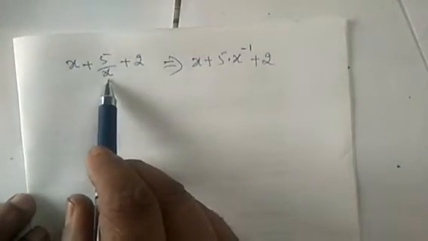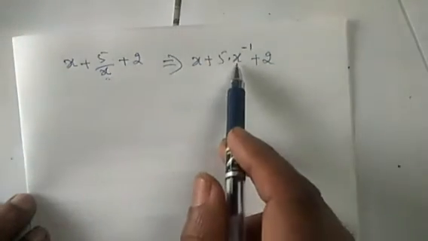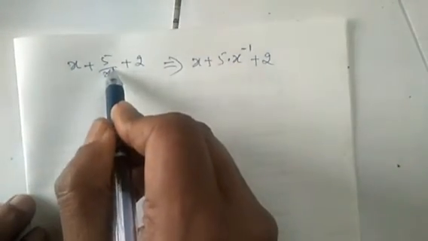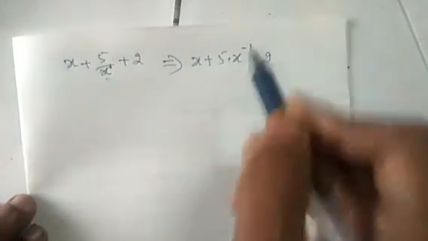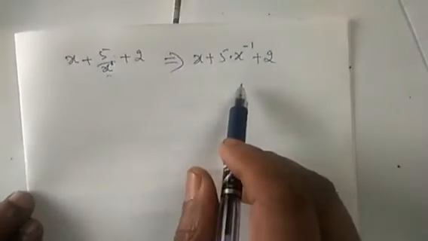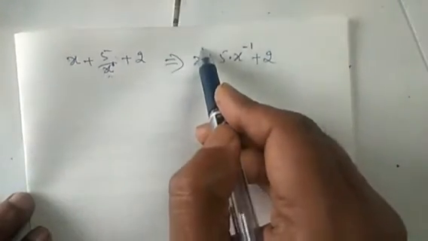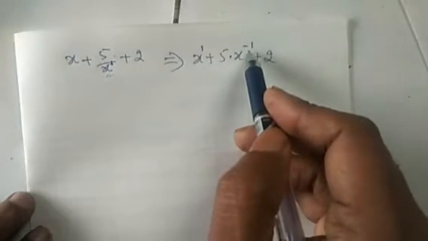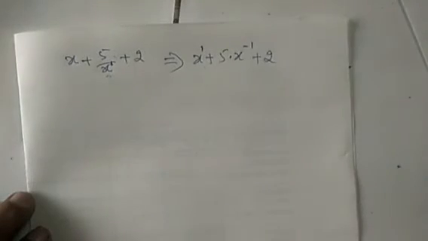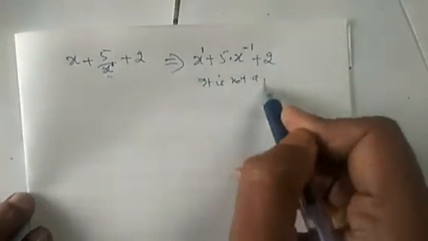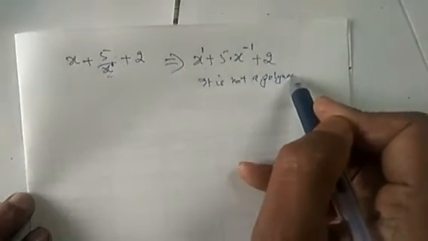X is in the denominator. When we take it up, it will become x to the power minus 1. Why? Because the power of x here is 1, so when you take it up, it becomes a minus power. I told you a variable cannot have a negative power. Here the power is plus 1, but here it is minus. In any term, if the variable is having a negative power, it is not a polynomial.